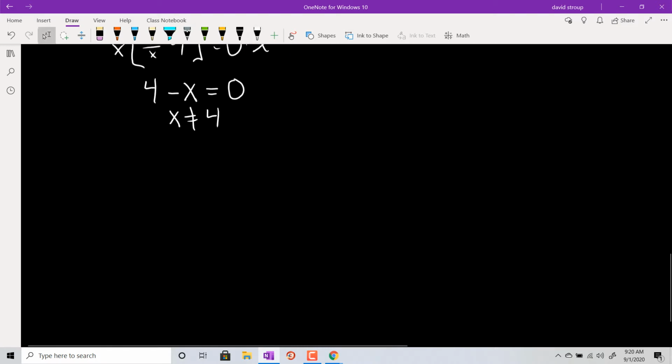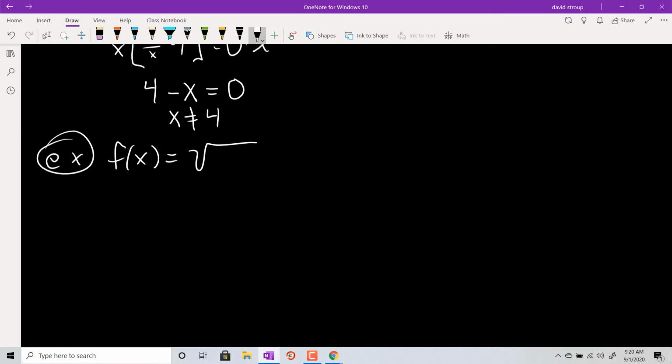Okay, let's look at some examples with square roots. So here we have f of x is the square root of x plus 2. In this case, I need to make sure that x plus 2 is not negative. In other words, you need to make sure it's greater than or equal to 0. So I subtract 2 from both sides.